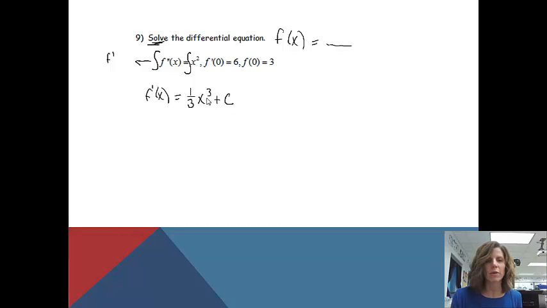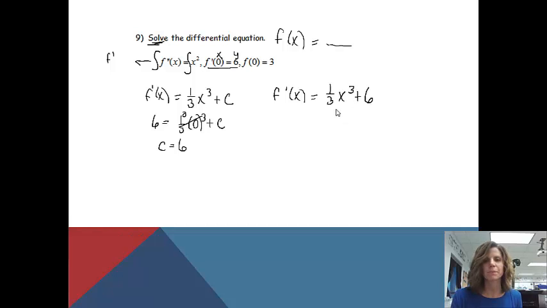Now it's going to be a process of actually finding the c for this one. I do know that the derivative at 0 equals 6. This is an x value, this is a y value. So we know that 6 equals 1/3 times 0 cubed plus c. That would be 0, so we know that c is equal to 6. So if I rewrote that equation now, f prime of x is equal to 1/3 x cubed plus 6.